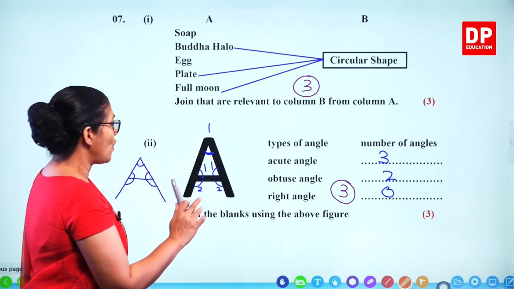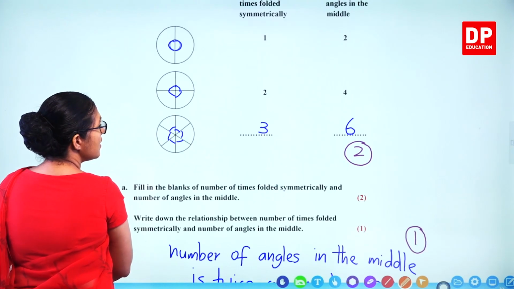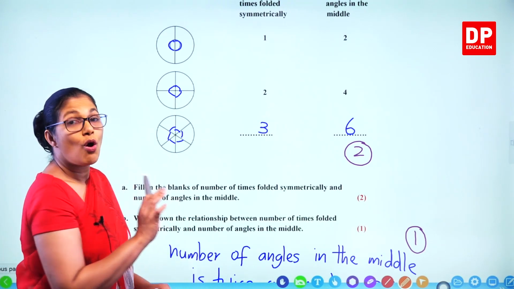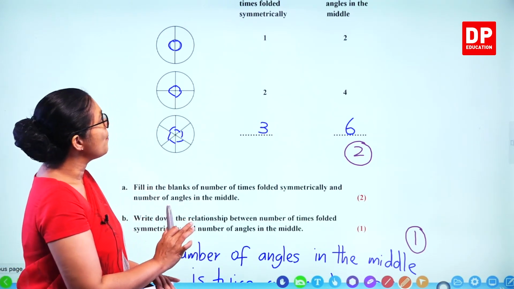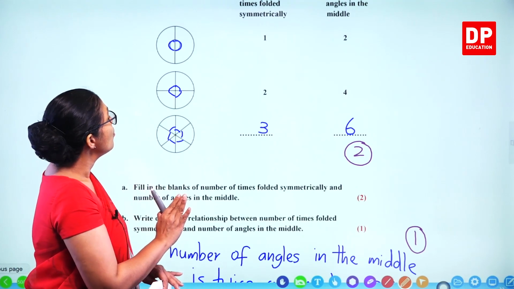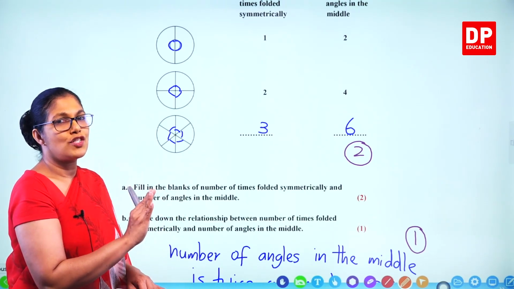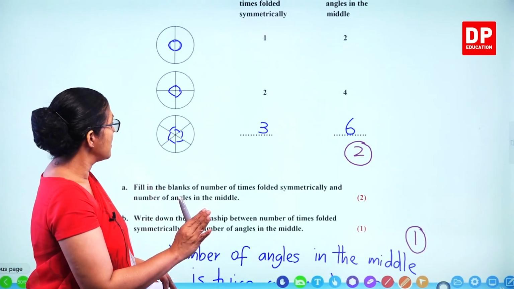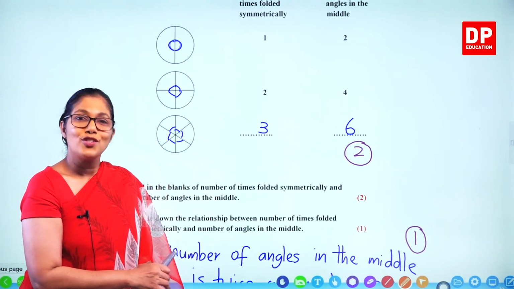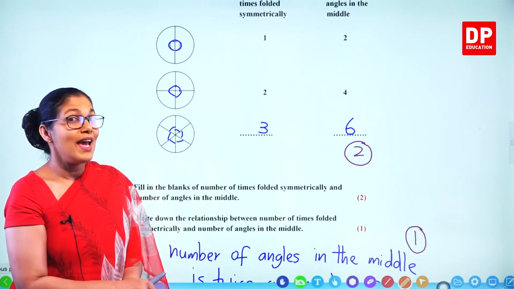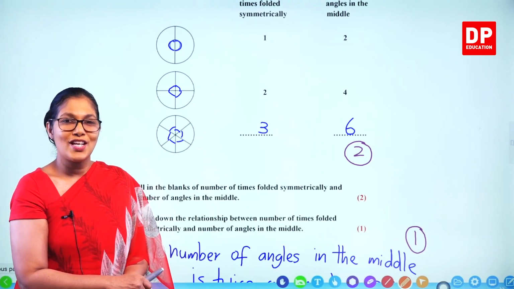So 12 marks for question number 7 as well. So we did all questions in this paper. So you get 12 marks each for part 2 questions and 2 marks each for part 1 questions. So make sure that you do the paper first and then watch my video to check your answers.